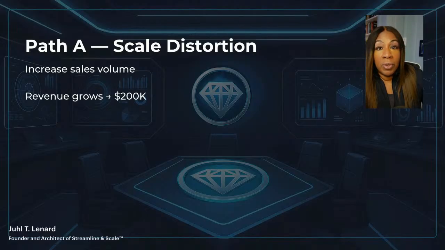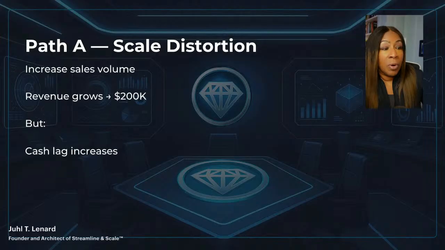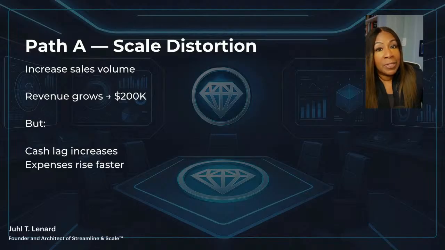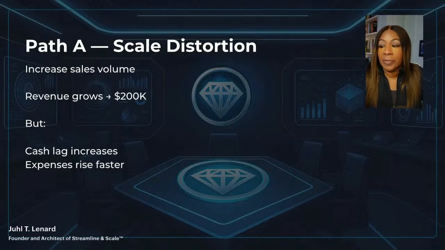The revenue grows to 200,000, but the cash lag increases because now we need more expenses to deliver on the increased volume, but the cash lag was the same. So the expenses rise faster because now we need to support more activity. And so we're scaling the distortion.